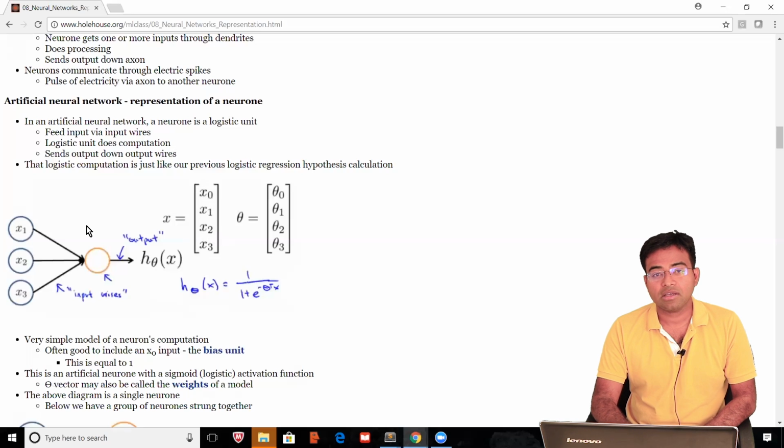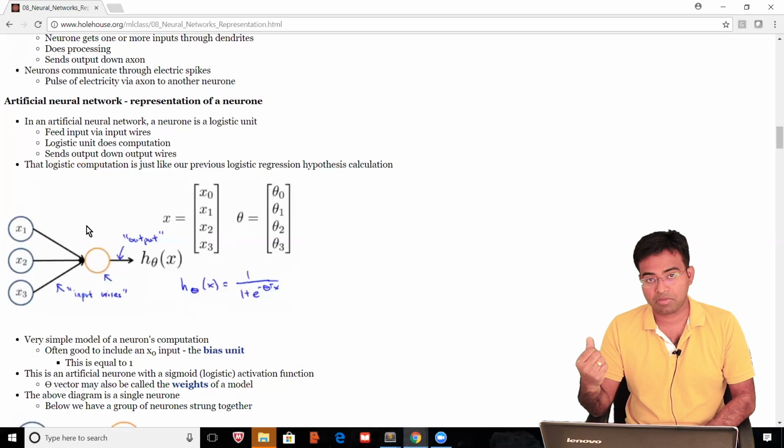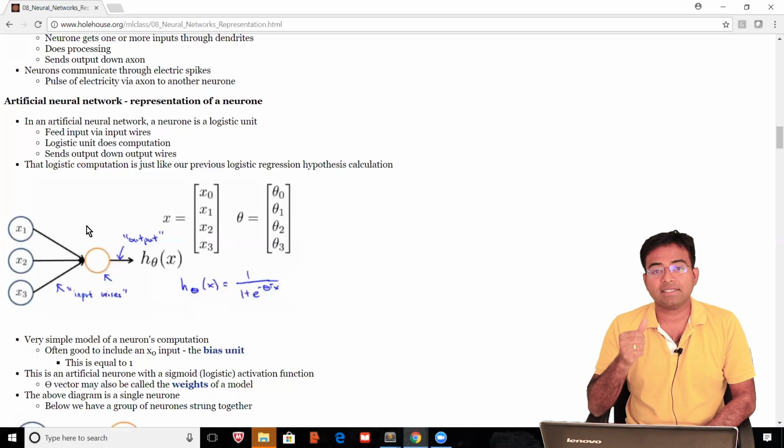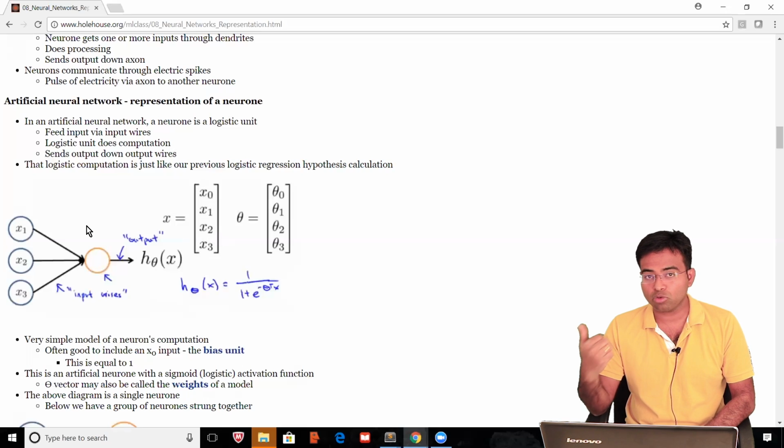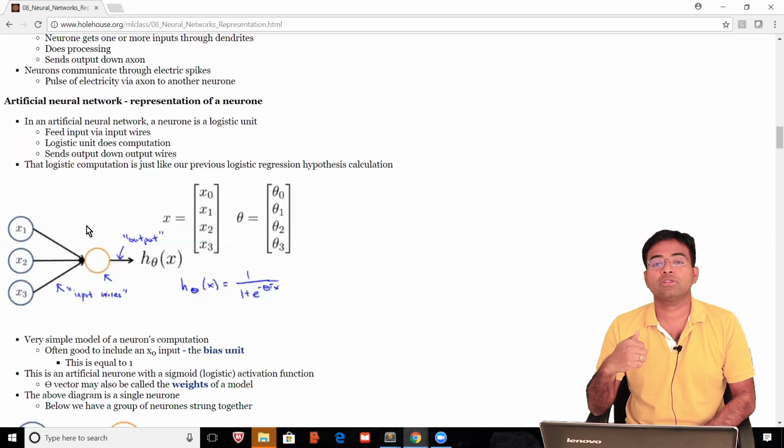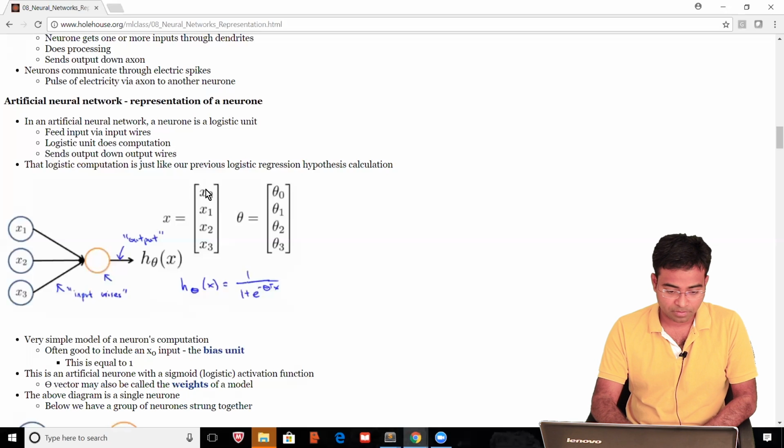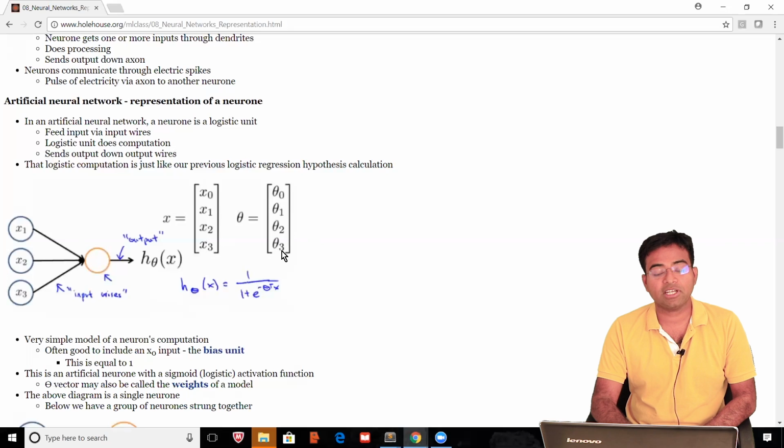This is that value which is independent of feature information but impacts the output. X0 is one input. X1, X2, X3 are different feature values. And you can see theta 0, theta 1, theta 2, theta 3. These are your weights which will be associated with these feature values.